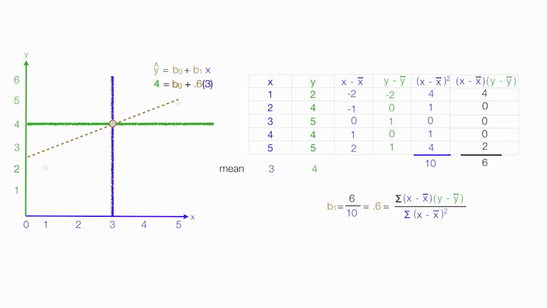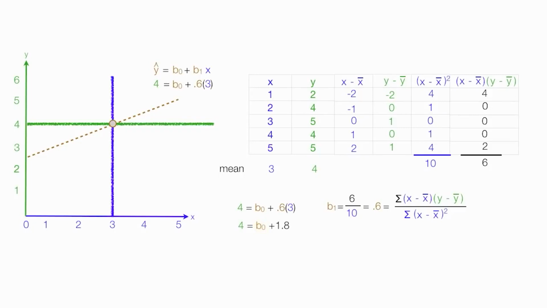And now we solve for b naught. Let me move that down right there. So anyway, we're almost done. We're getting there. Hang in there. So we take 4 is equal to b naught plus 0.6 times 3, which is 1.8.